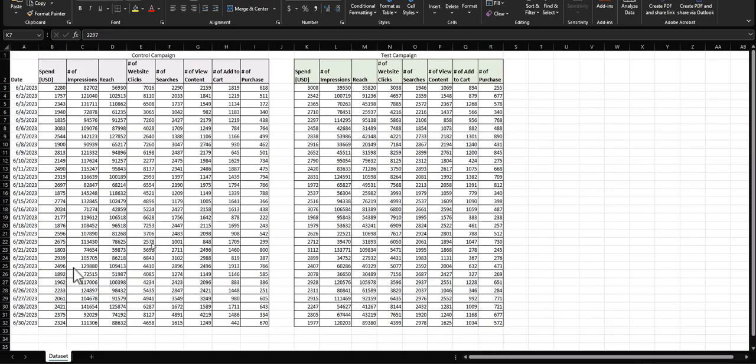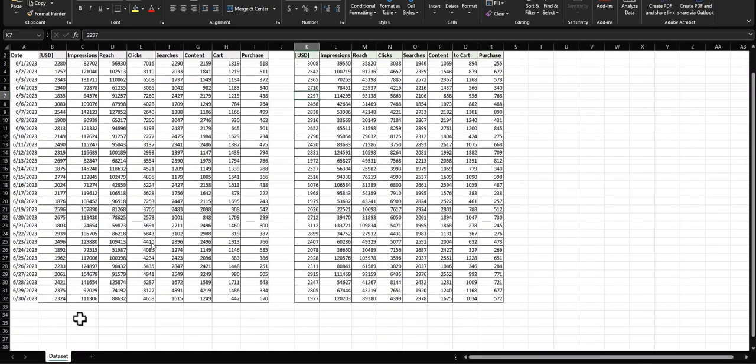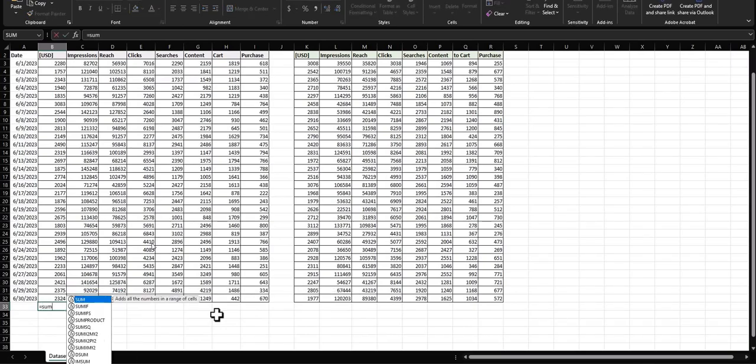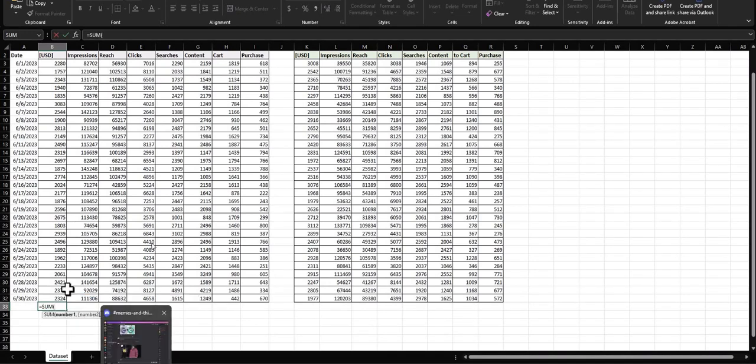So the first thing I'm going to do, generally as a rule, is get myself some sums and maybe even some averages. So I'm just going to sum up all of that.